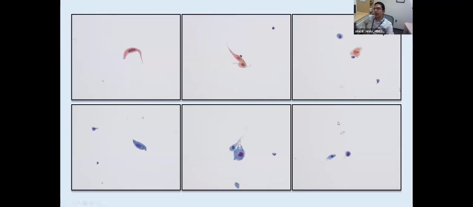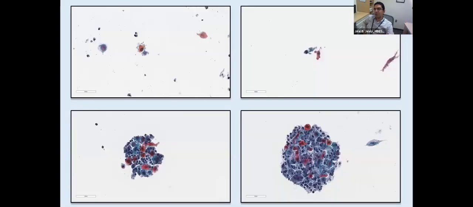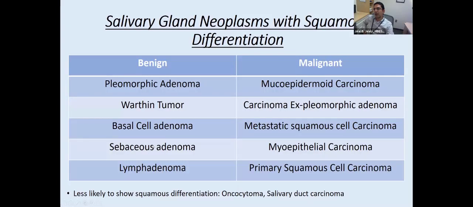And the more you look at it, depending on your threshold, you may have different grades and gray zone, but you may end up with a suspicious diagnosis for squamous cell carcinoma, because some of these are really hyperchromatic and atypical. So what are some salivary gland neoplasms that can show squamous differentiation?